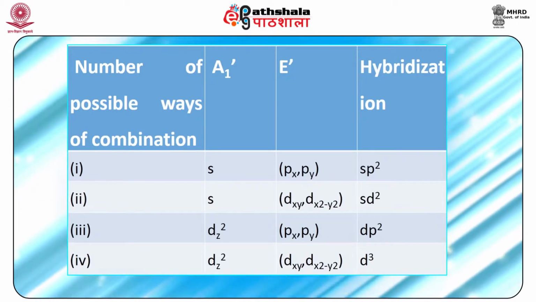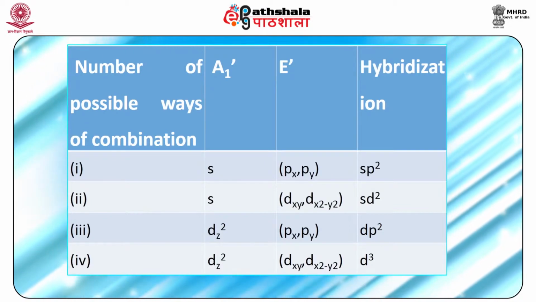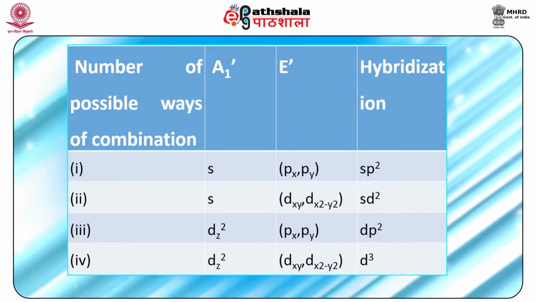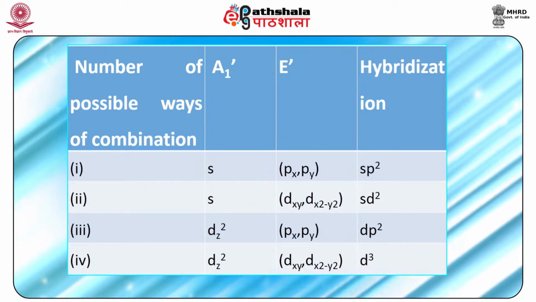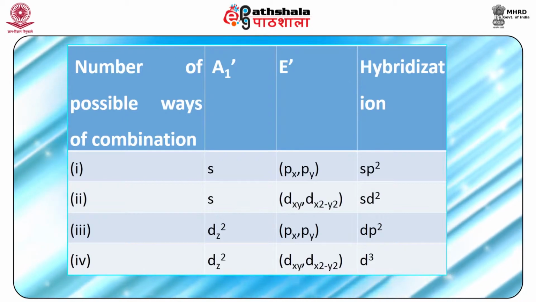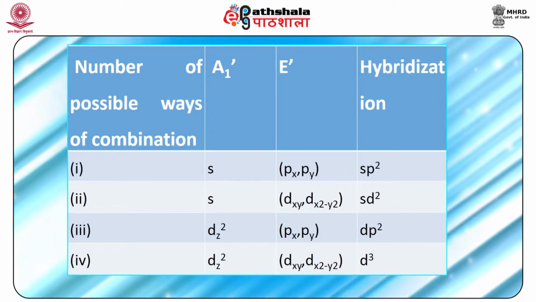The third possible combination is dz² of A1' with px, py of E', that is dp2 hybridization. The fourth possible combination is dz² of A1' and dxy, dx²-y² of E', that is d3 hybridization.